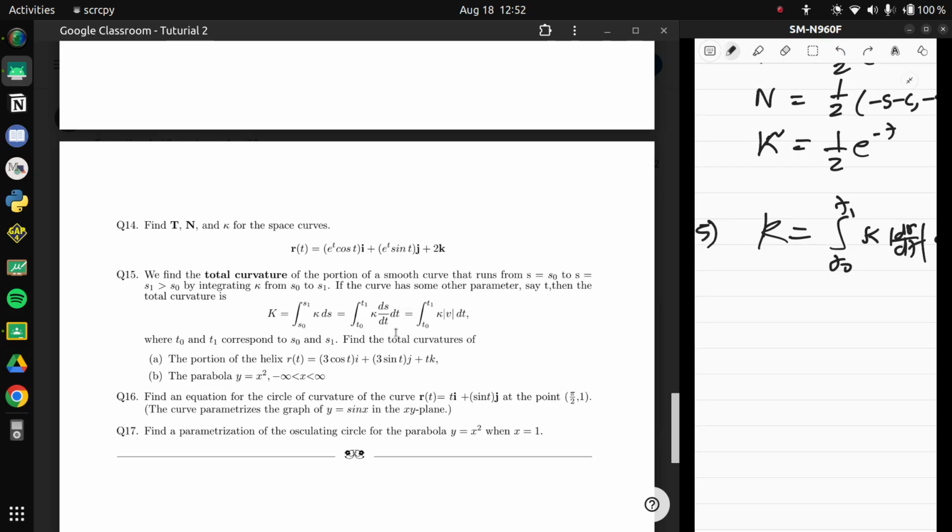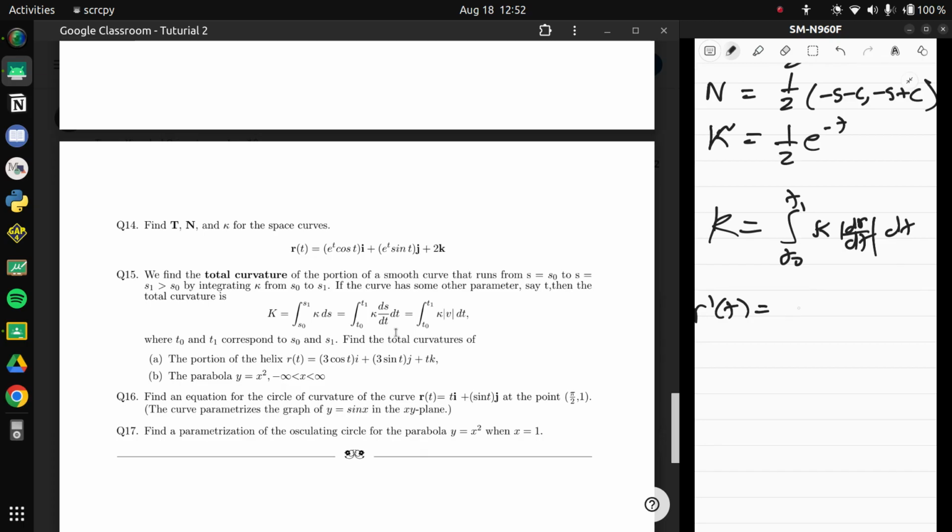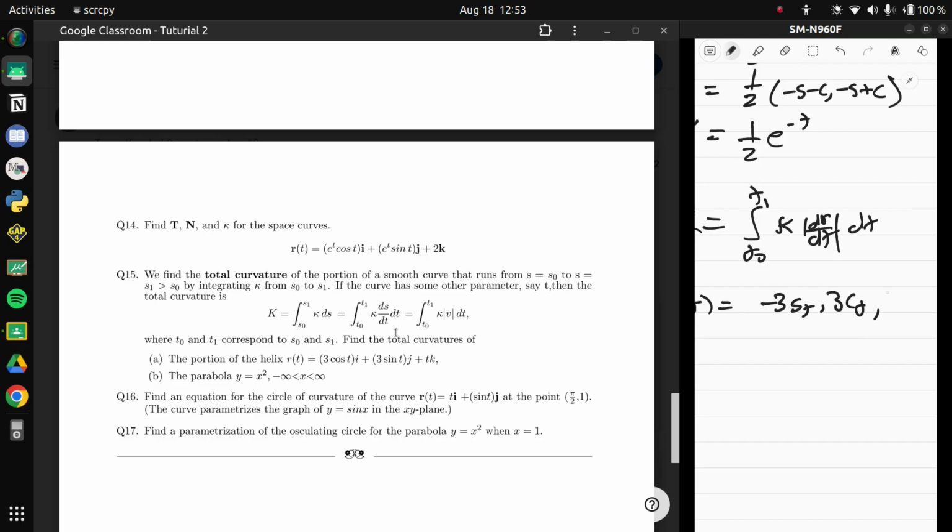Fine. Let's go. So r is this stuff. So what's r dash? That's just minus 3 sine t, comma, sure, just 3 cosine t, and then you got what, 1. Okay, so it's the square root of 10, sure.